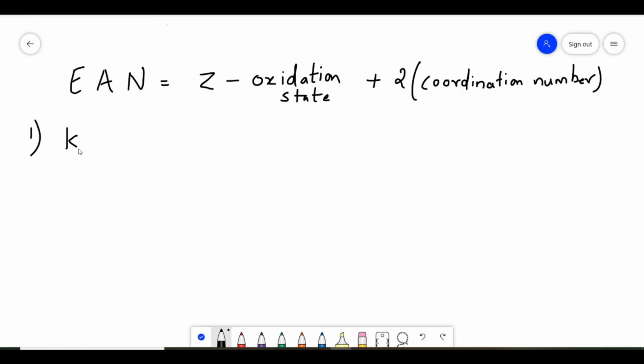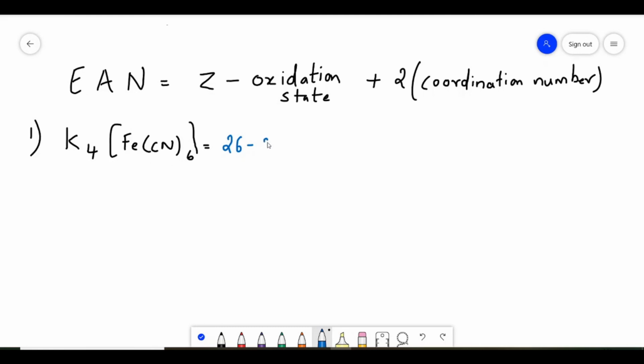K4[Fe(CN)6]. Here the atomic number of iron is 26. So here Z is taken as 26 minus, if you calculate the oxidation state, we get 2, plus 2 into coordination number.